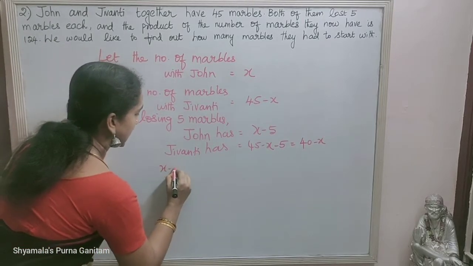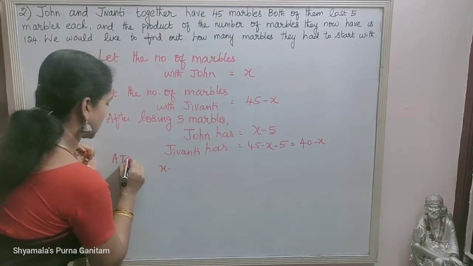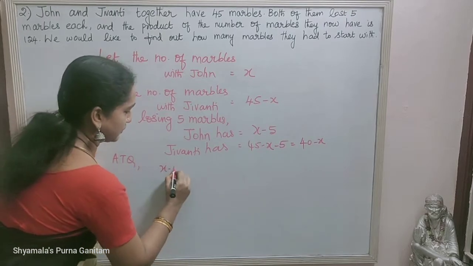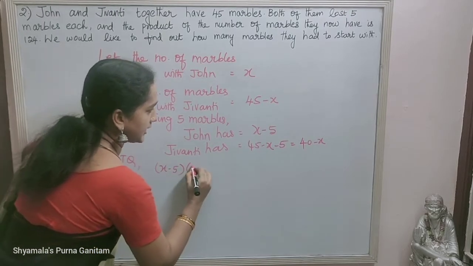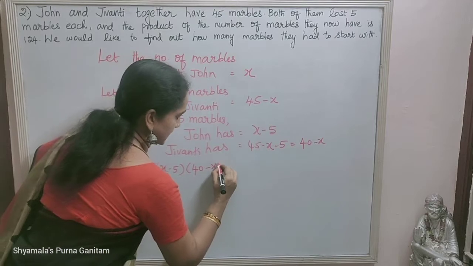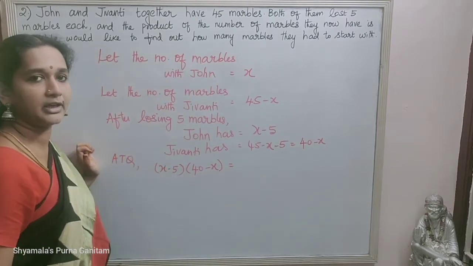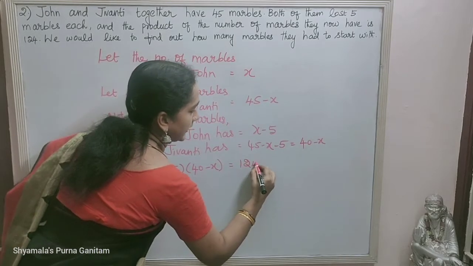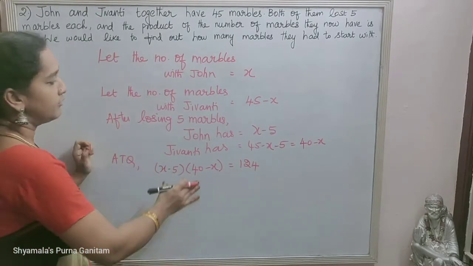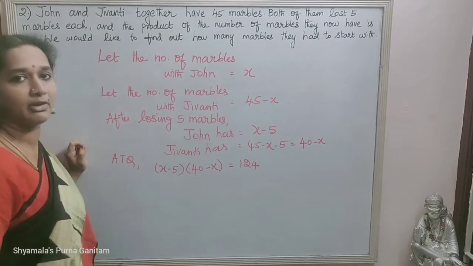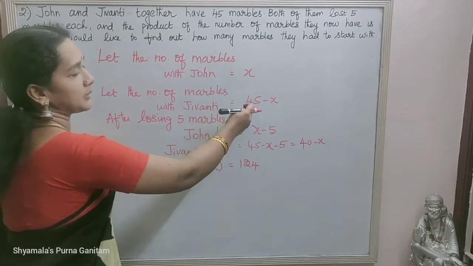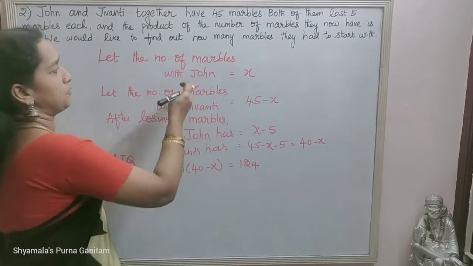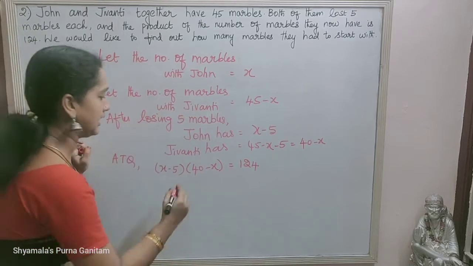According to the question, x minus 5 and 40 minus x, when you multiply both, the product is given as 124. Now when you simplify this, you will find the value of x. After that you will substitute it and find the number of marbles John and Jeevanti have.